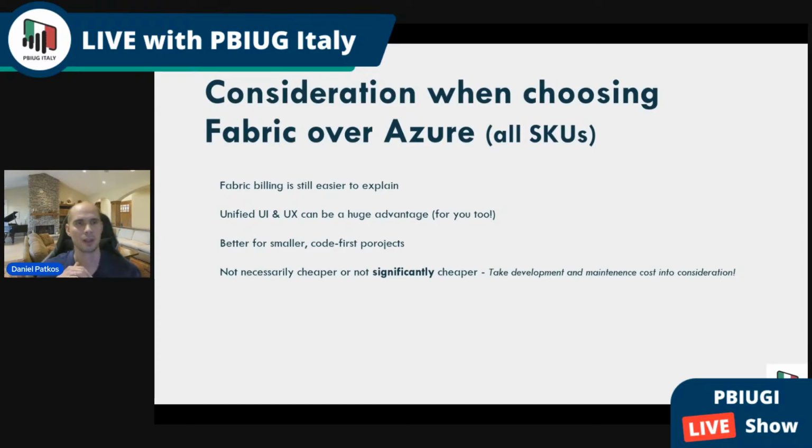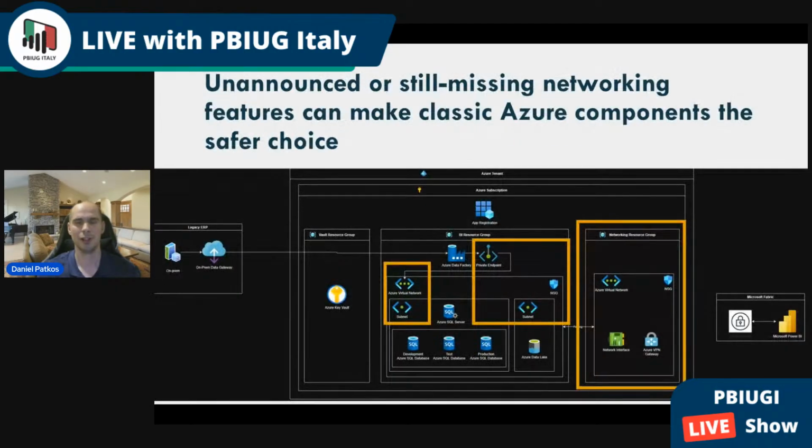So it can be a solution until the point you need severe or more complex network related elements from the Azure infrastructure. These are still unannounced or missing or announced, but not even in preview.